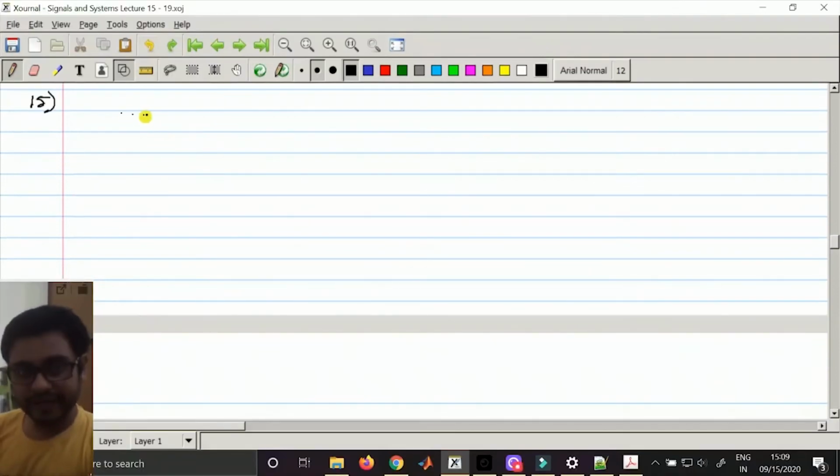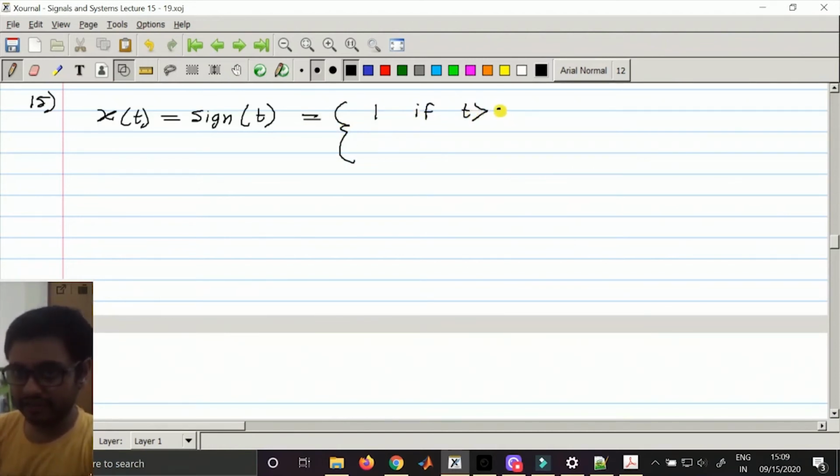Next, suppose we have a signal x(t) which is defined as sign of t, so that means it is equal to plus 1 if time is greater than 0, and equal to minus 1 if time is less than 0.